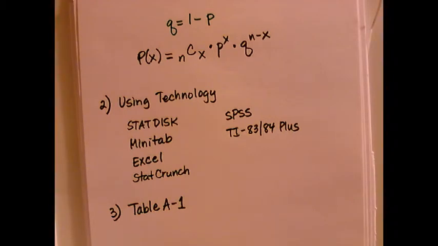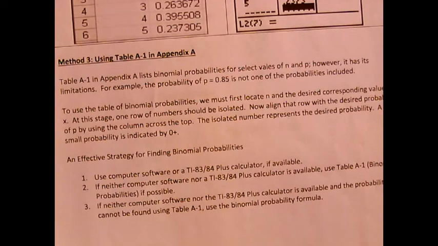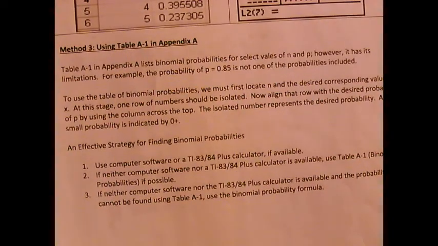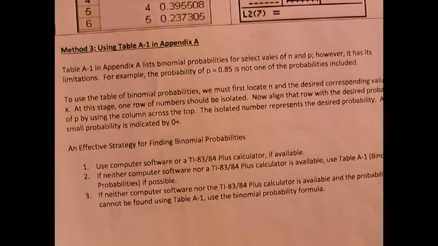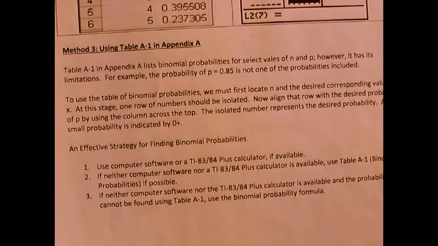Okay? And table A-1 represents binomial probabilities. Okay. Now, the best way, an effective strategy for finding binomial probabilities, use computer software or the TI-83 or 84 plus calculator if it's available. That's the best way to do this, which is what we'll be using in this video.